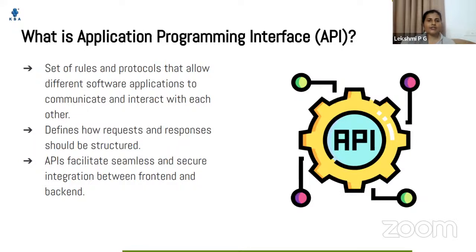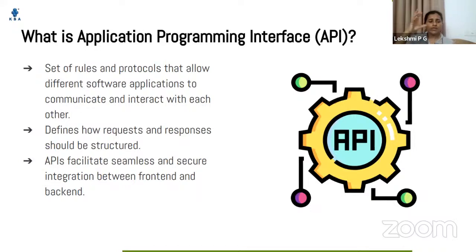Backend does not reside on a particular system. It resides with the creator of the web application. If we are dealing with Google, then Google maintains the backend of the whole Google web application. If you are dealing with Facebook, the Facebook company is maintaining the backend or the server part of the Facebook web application, right?